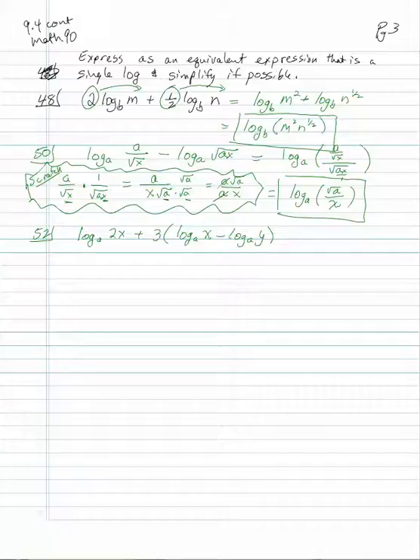Okay, so on this one, I'm going to start inside the parentheses first. So let's see, that would get me log base a of 2x, leave that one alone. I'm subtracting, so I can divide the numbers inside, subtracting logarithms. Now I'm going to use my power rule, bring this up.